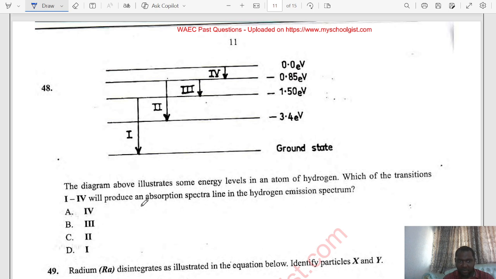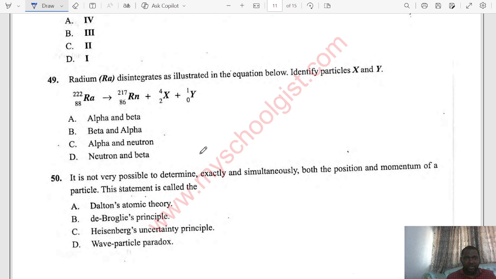I think I would have to skip this because the question isn't very clear. Absorption simply means you are going from a ground state to an excited state. That's what absorption is. You absorb energy to move. So I'm not seeing any answer here, so I'm going to leave that.